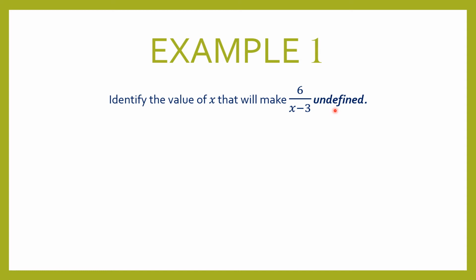So, ngayon, ang gagawin natin, hahanapin natin yung value ng x dito sa given denominator na kung saan yung denominator ay magiging 0. So, anong value ng x para maging 0 ang ating denominator?